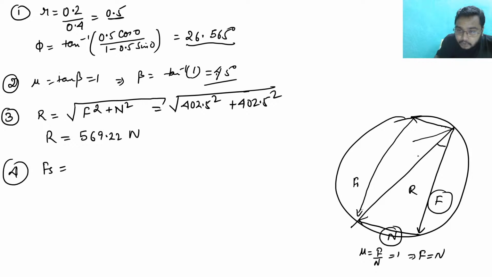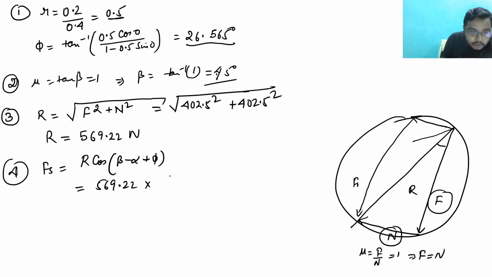From here what you can write, Fs is equal to R cos of beta minus alpha plus phi. When you plug these things in, R is equal to 569.22 into cos of beta, beta is 45 degrees, so 45 minus 0, plus 26.565.